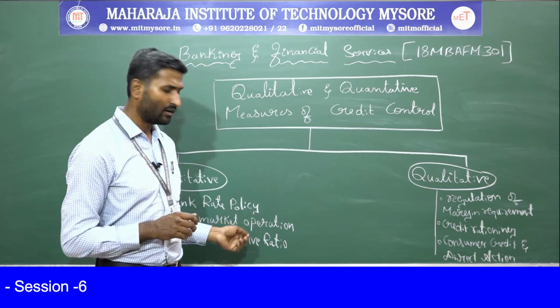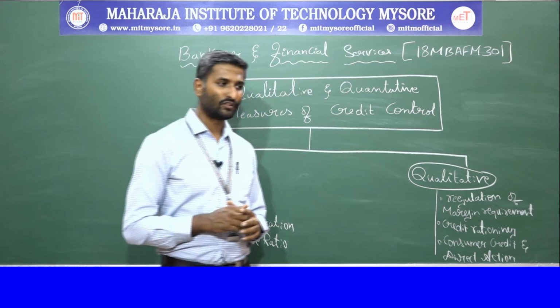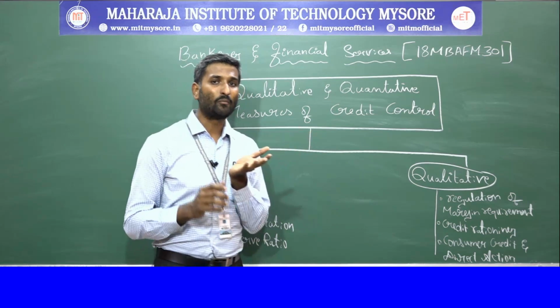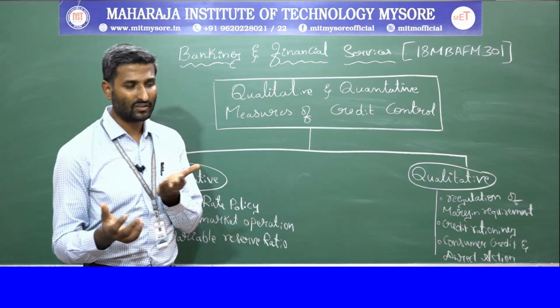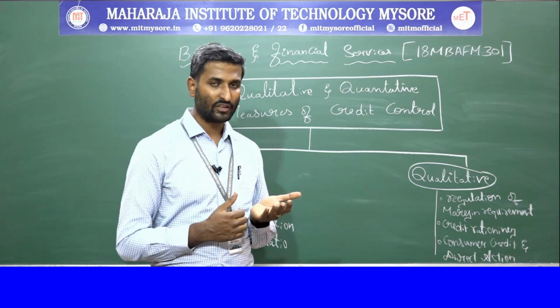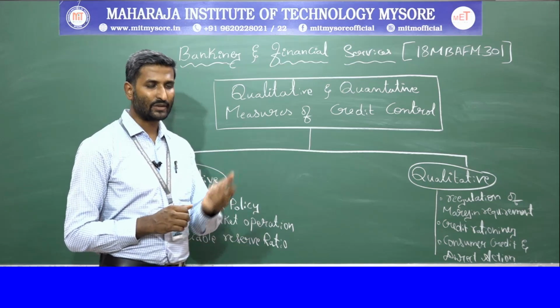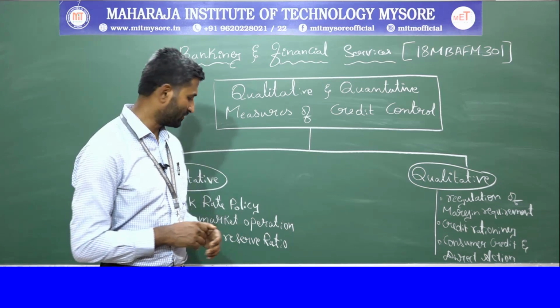That is the cash reserve ratio. Whenever the cash reserve ratio is high, the amount of loans issued becomes lower. So cash or liquidity in banks needs to be properly managed.